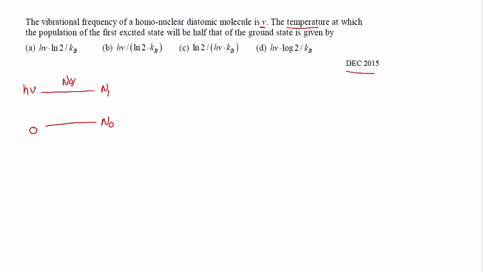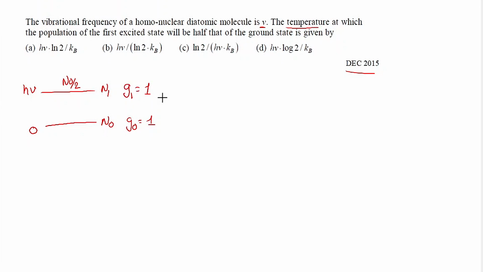Then we have to find the temperature at which the number of particles in the first excited state will be half of the ground state. And over here we also know that whenever we are considering the vibrational partition function, the degeneracy G0 will be equal to 1 and G1 also will be equal to 1.